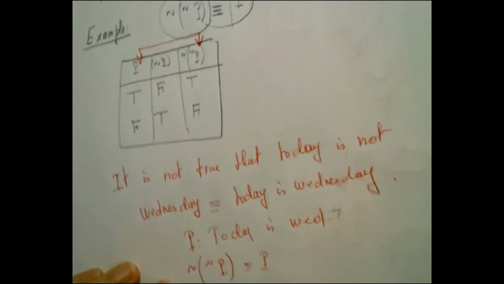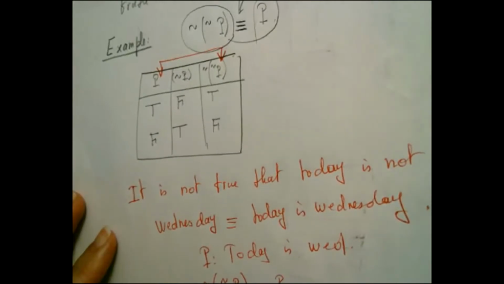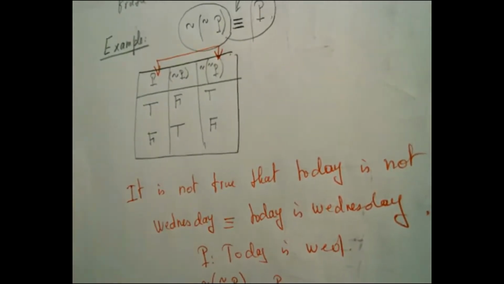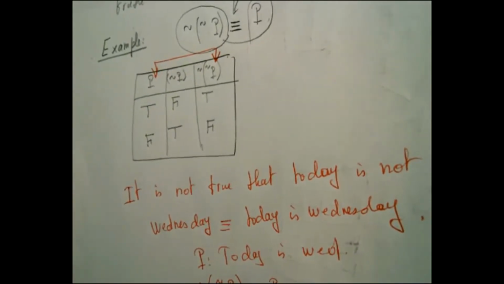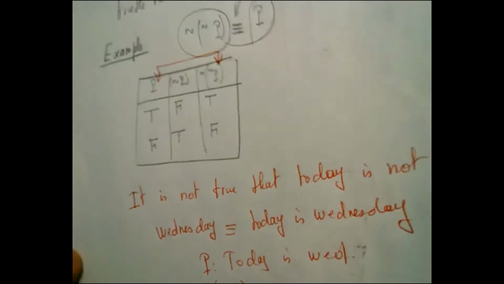Right. Let's see another one. Another truth table. This is called the distributivity property.